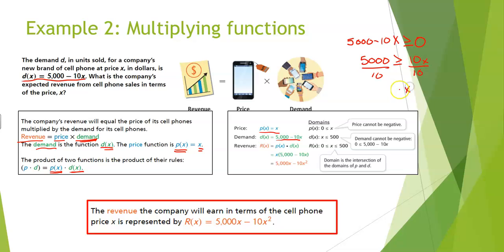So x is less than or equal to 500. And we know x also has to be positive, right? We don't want it less than 0. It could be, but we don't want it there.